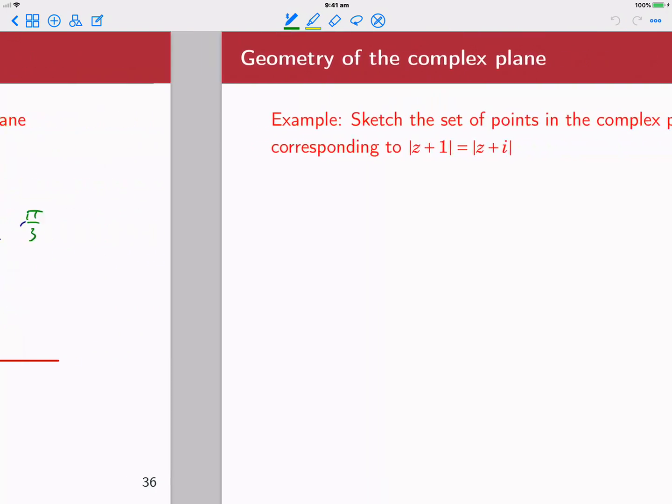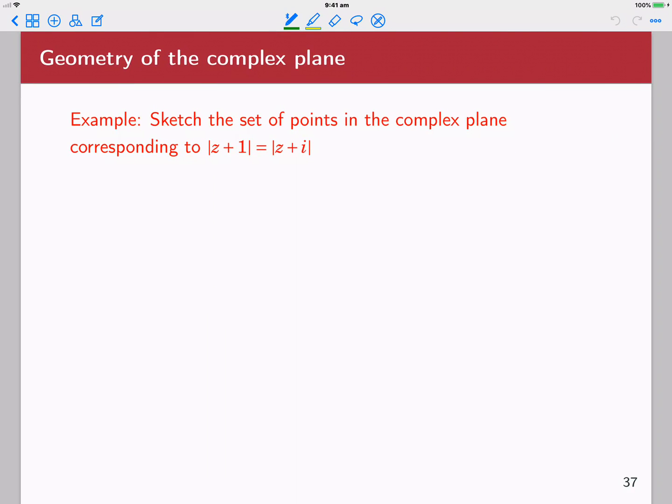Okay, let's have a look at another one. So, sketch the set of points in the complex plane corresponding to modulus of z plus 1 equals modulus of z plus i. Again, the idea is to use what we spoke about before. If I write this as modulus of z minus minus 1 equals modulus of z minus minus i, then this is saying that the distance of z from the point minus 1 is the same as the distance of z from the point minus i.